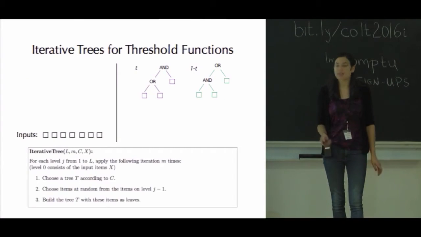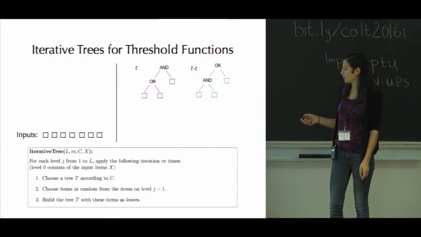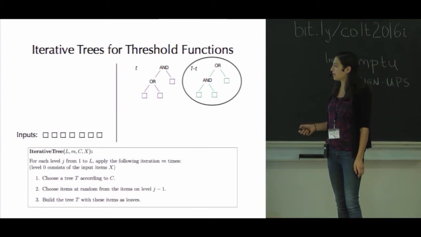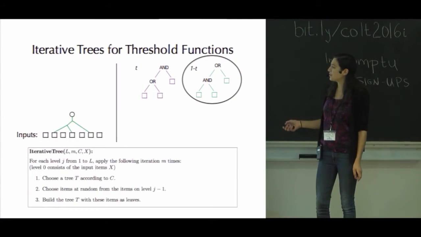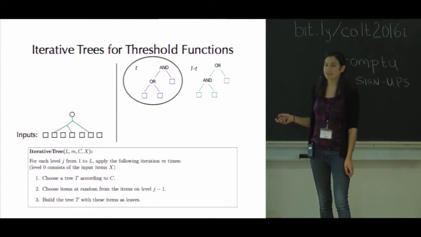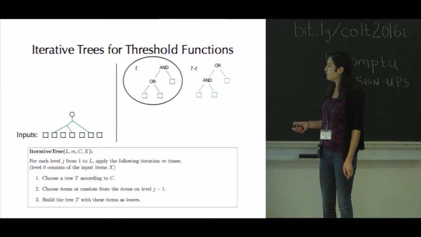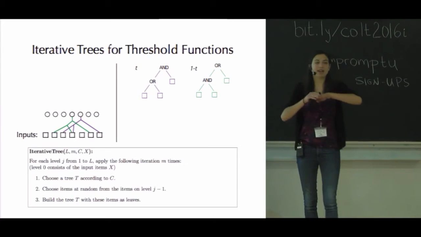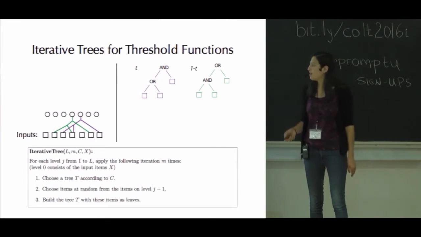Here's how it works. First, we pick a tree according to the probability distribution. Say this tree is chosen. Then we're going to pick 3 input items uniformly at random, and then build the tree on those items. We're going to do the same thing. Say this tree is chosen. Again, choose 3 inputs, build the tree. We're going to repeat this and create an entire level of items in this way. Now we iterate.